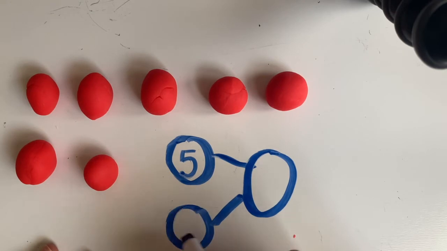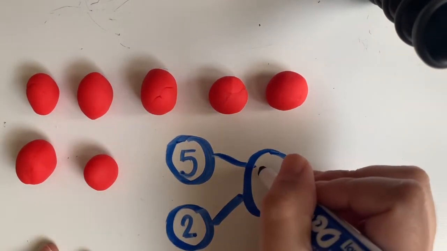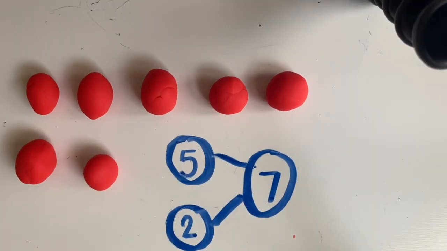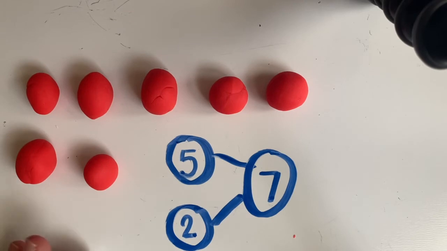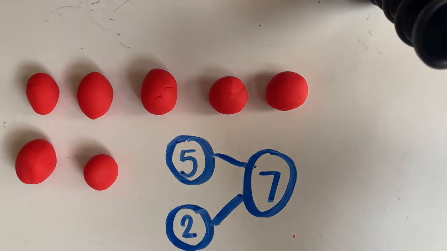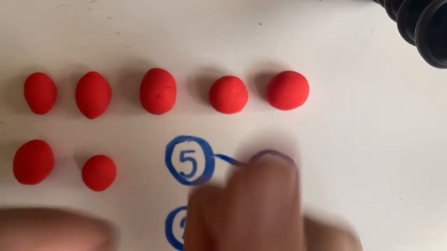And how many did Dan have? 2. And how many are there all together in our whole? 7. Awesome job. Now let's say it. 5 and 2 make 7. Get ready. Yes, 5 and 2 make 7. And that's your application problem for today.